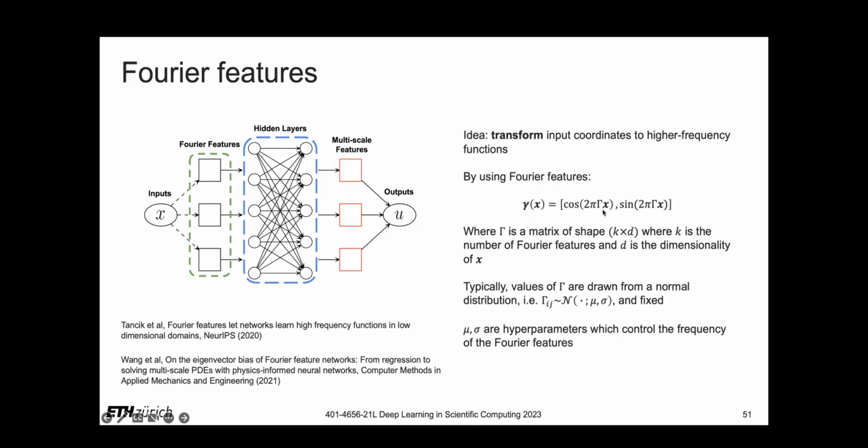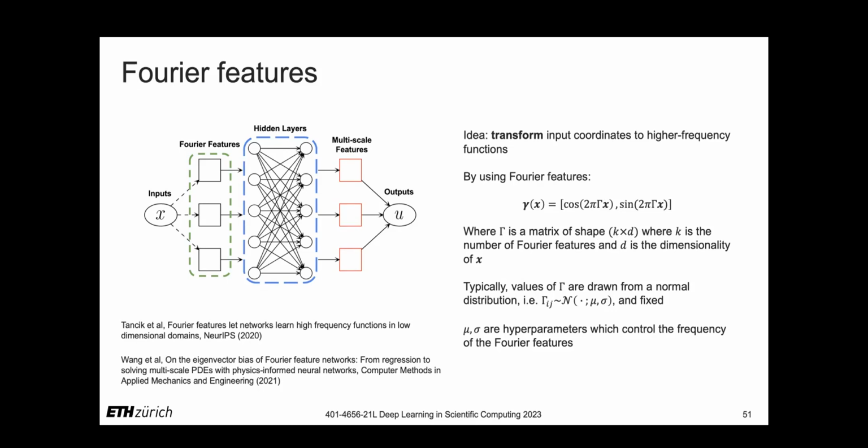Gamma here is a matrix of shape K by D, where D is the dimensionality of the inputs, and K is the number of features, the number of transforms that you want to do to these inputs. Gamma represents the frequency of each feature, and instead of just having a single frequency feature, you might sample 10 or 20 or 100 different frequencies that you transform over.